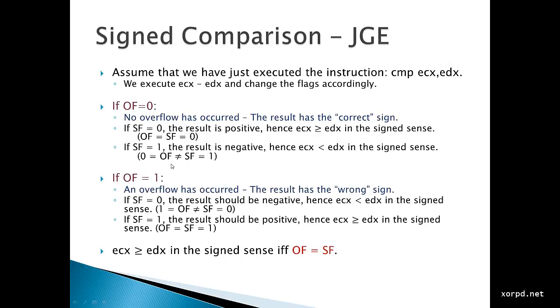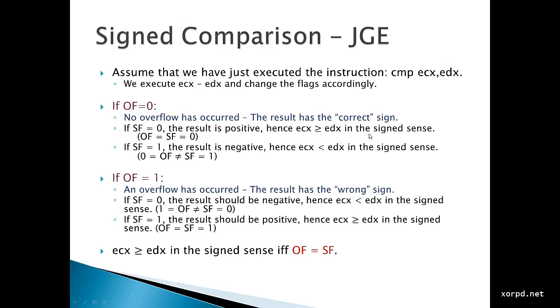Let us summarize. Let's see all the cases where the overflow flag equals the sign flag. Those cases are this case, okay, and this case. In both of those cases, we have that ECX is greater or equal than EDX.